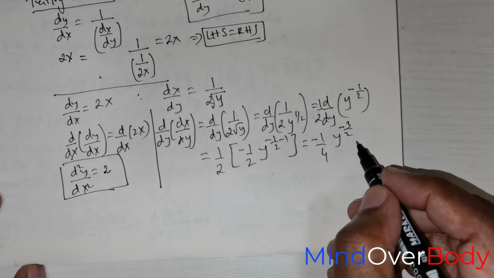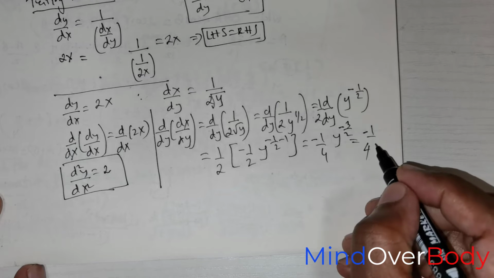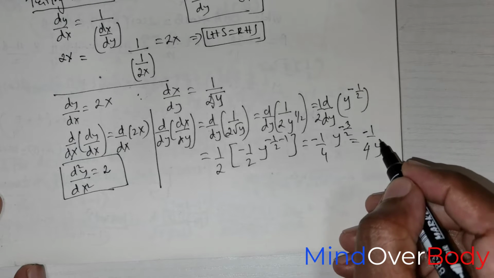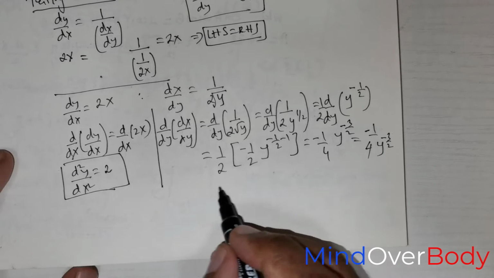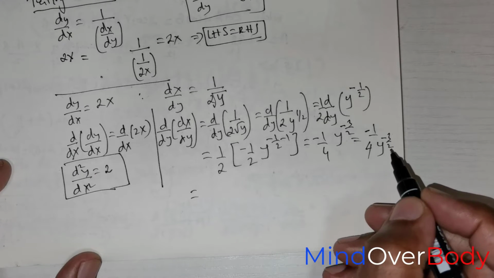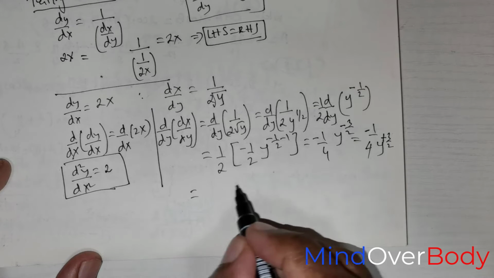I can push it down. If I were to push it down, this is negative 1 over 4 times y raised to the power of 3 over 2. Now, how do I rewrite this? In fact, it will be positive 3 over 2 because it's already negative here.